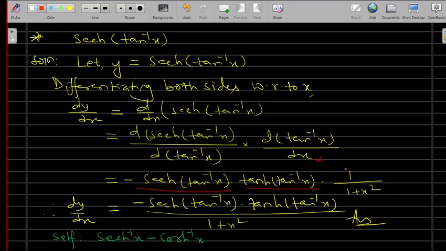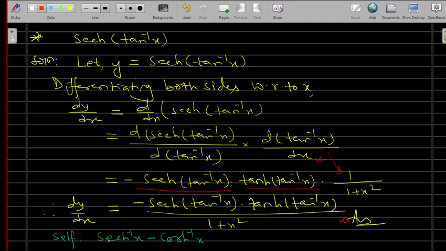Here it is not hyperbolic, so you have to remember where the hyperbolic symbol is used and where it is excluded. It is tough, so you need to identify it or study deeply. Therefore dy by dx is the upper part over the denominator, and this is the answer.